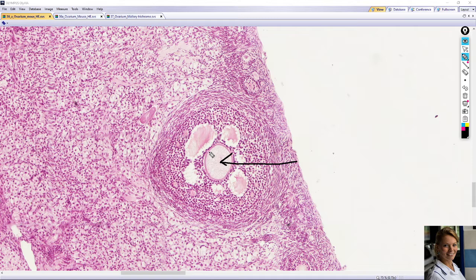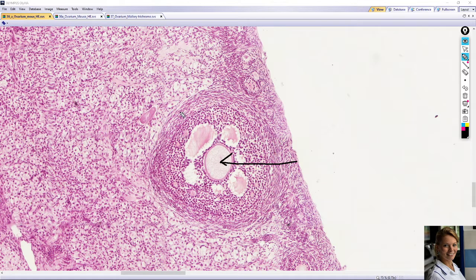Here is a zona pellucida, eosinophilic layer surrounding oocytes, many granulosa cells here, and here is a small cavity filled by liquor folliculi.